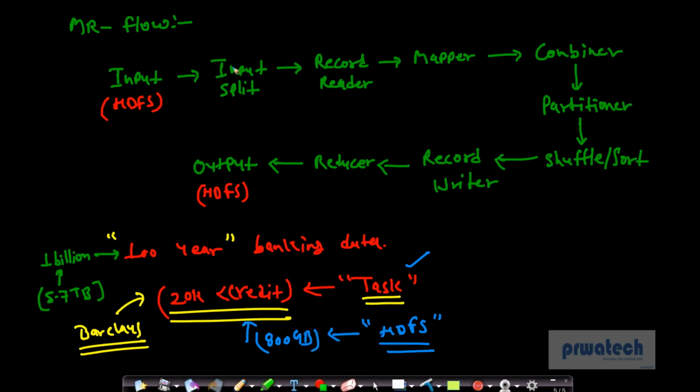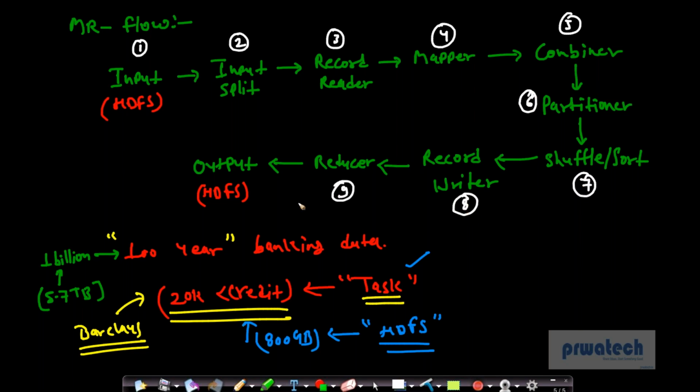Now, if I count this, starting from 1, 2, 3, 4, 5, 6, 7, 8, 9, and 10, this is a total of 10 steps for any MapReduce flow.